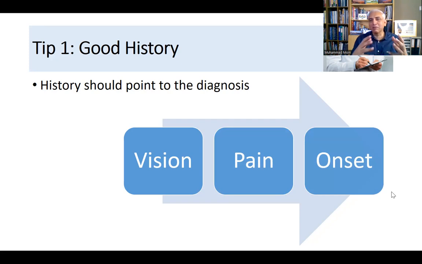Suppose I have a patient with diabetic retinopathy, and I know the diagnosis is macular edema. Working retrospectively backward, I would say the patient presented with a gradual, painless decrease in vision, associated with metamorphopsia or distortion in vision because of the macular edema.